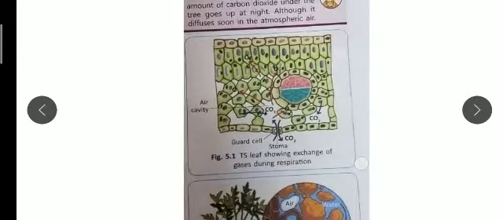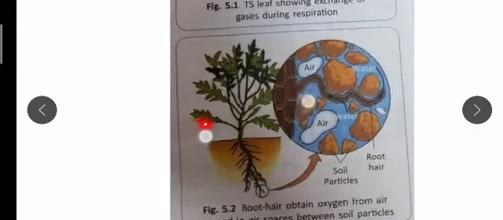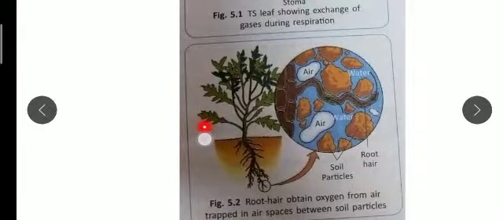Now the same thing they are showing for the root hair, an enlarged picture of the root hair. This brown zigzag, snake-like structure is the root hair. The root hair absorbs the water, as I said, and along with the water it will also absorb the oxygen gas which is trapped inside the soil.